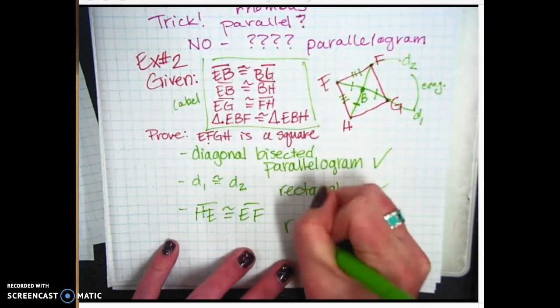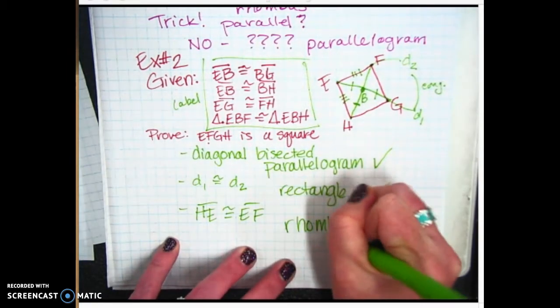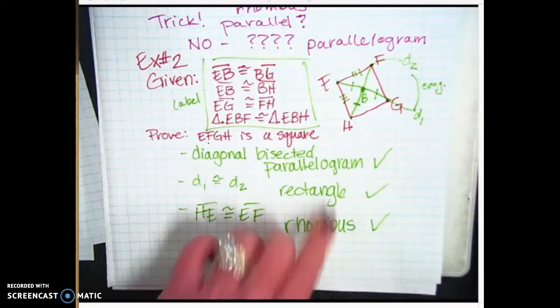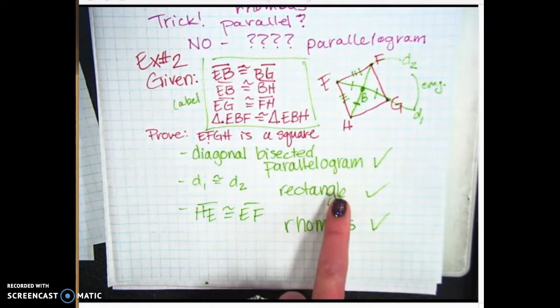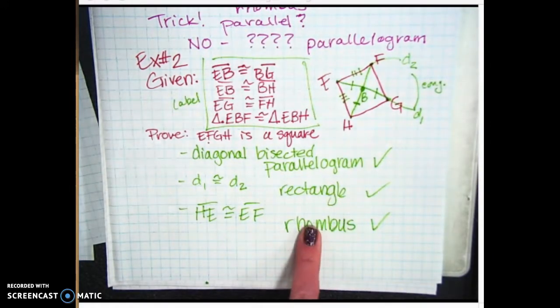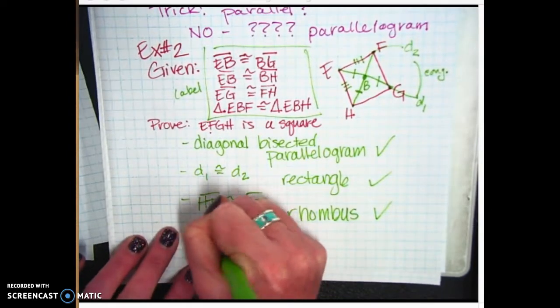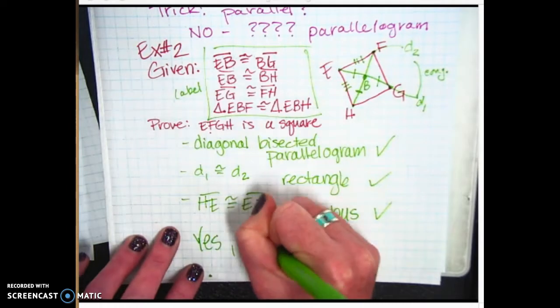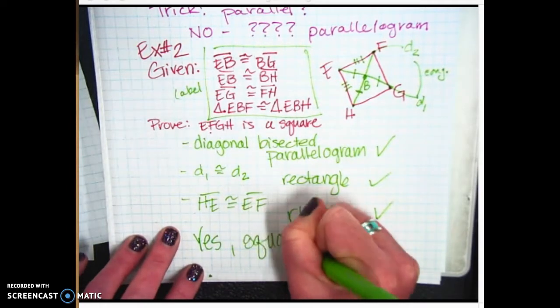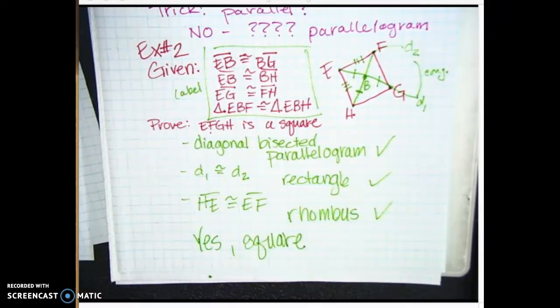Rhombus. So we've got parallelogram, we've got rectangle, we've got rhombus. So guess what? We can say yes, it is a square, and we are good to go. All right, finish copying that down.